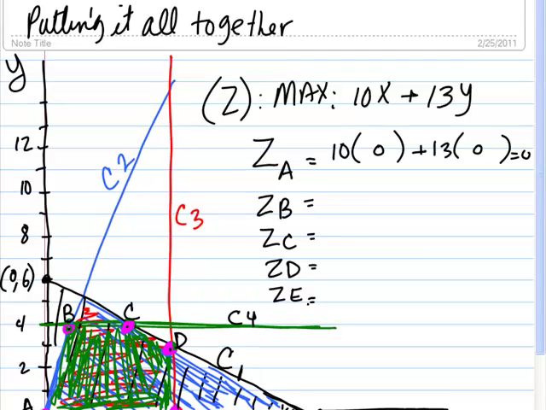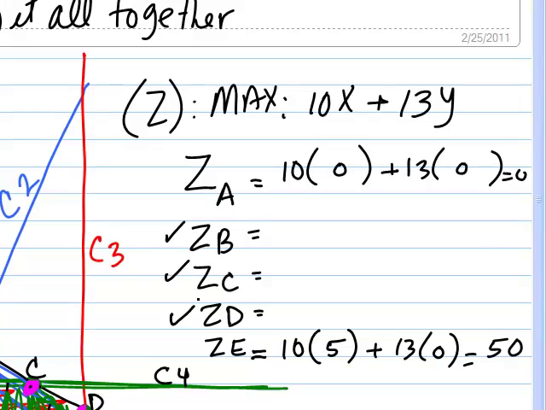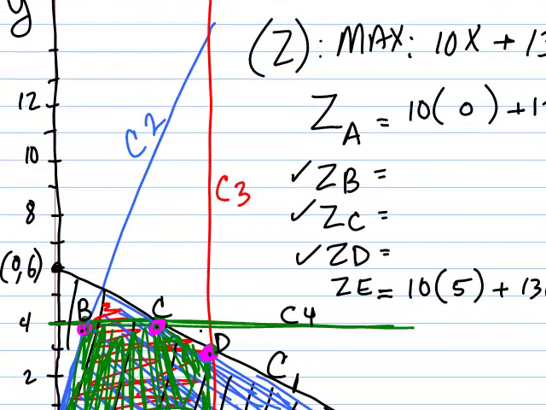But for point E we already know that's 10 times 5 plus 13 times 0, so that would be 50. And for points B, C, and D, we need to find the exact coordinates by solving systems of equations.